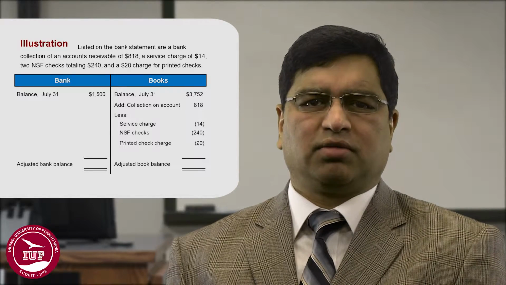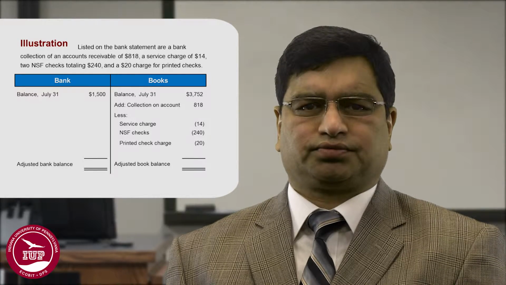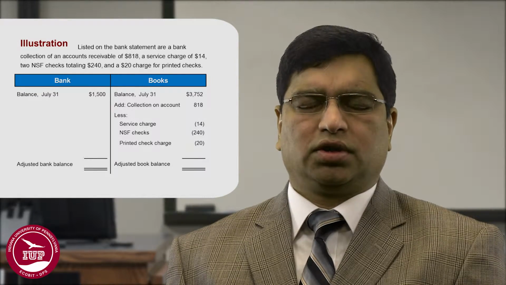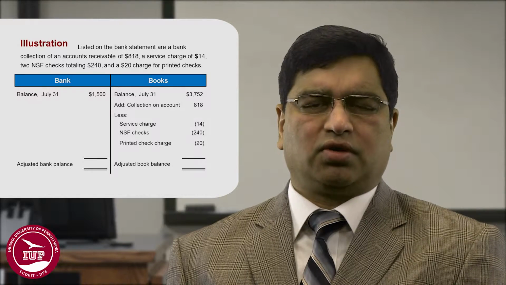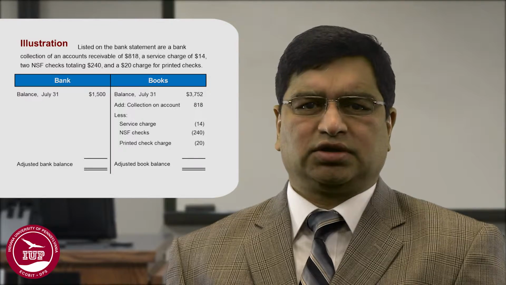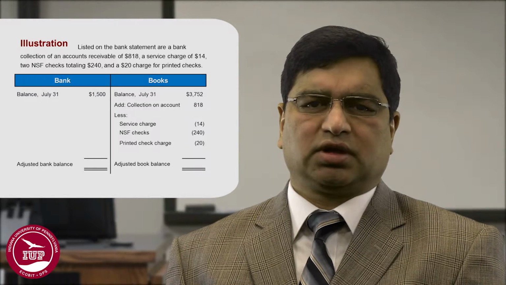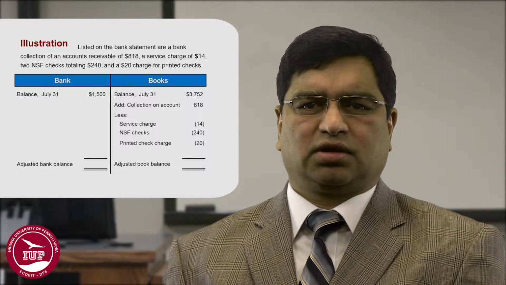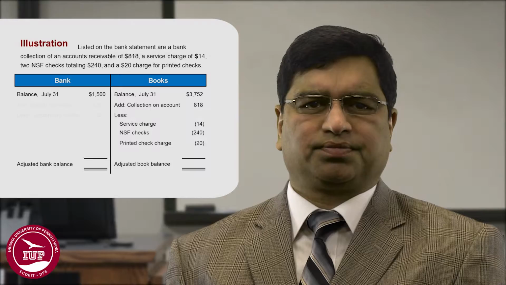So bank basically charge your account, and now you need to reduce that NSF check from your account so that it balances. Similarly, bank charged $20 for printing checks, and now you need to reduce that to match the bank balance.